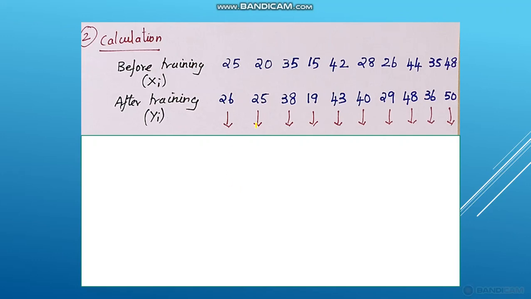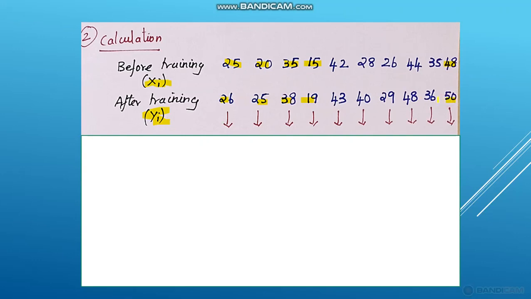For example, this is the data. Before training I am taking xi, and after training I am taking yi. This is x1, x2, x3, x4 up to x10, and similarly y1, y2, y3, y4 up to y10.